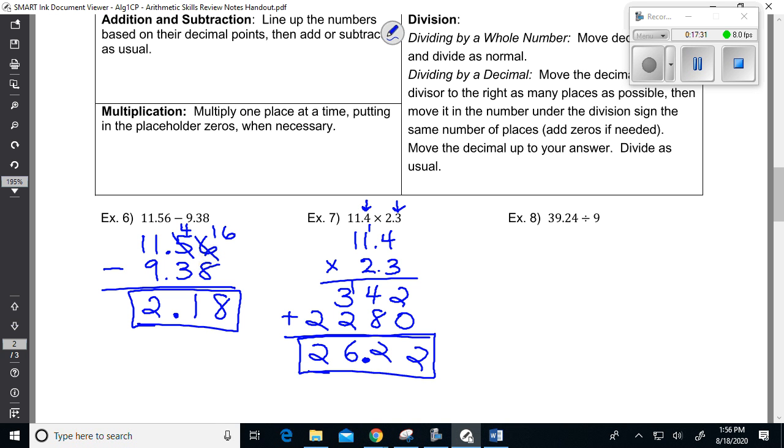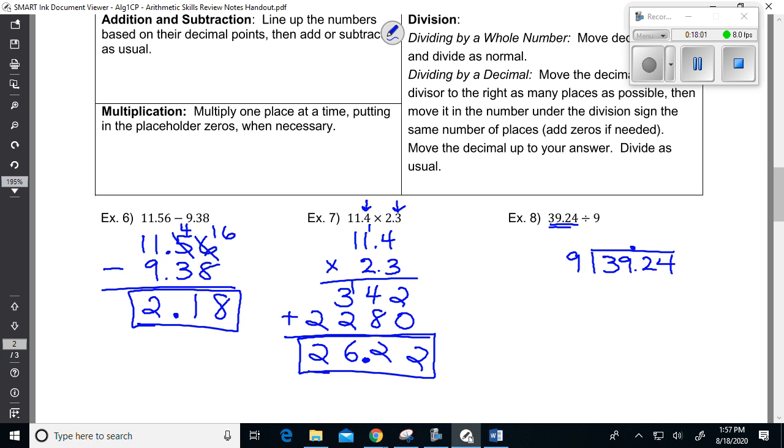Alright, then let's do one more problem before we do the word problems. 39.24 divided by 9. Again, first number goes inside. Second number goes outside. So, the number outside isn't a decimal, so we can move the decimal up.